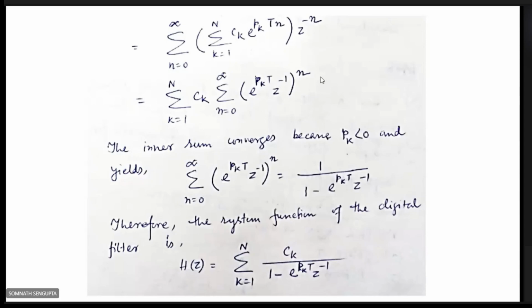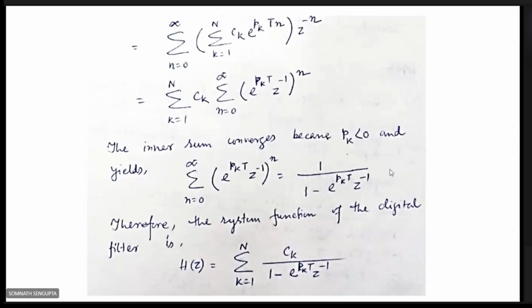Now this forms a series, and this series can be written as 1 by 1 minus e to the power pk T z inverse, as long as pk is less than 0. That means the series should not be infinite. To have a finite value of the series, pk should be less than 0.